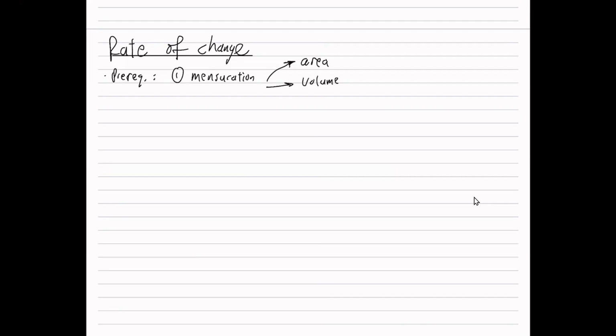Area and volume of all the different shapes, like a circle, equilateral triangle, an isosceles triangle, a square, a rectangle, a semicircle, a quarter circle, just divide by 2, divide by 4. What else? Parallelogram. What else? Trapezium. Anything else? Kite. It's really just 2 isosceles triangles.